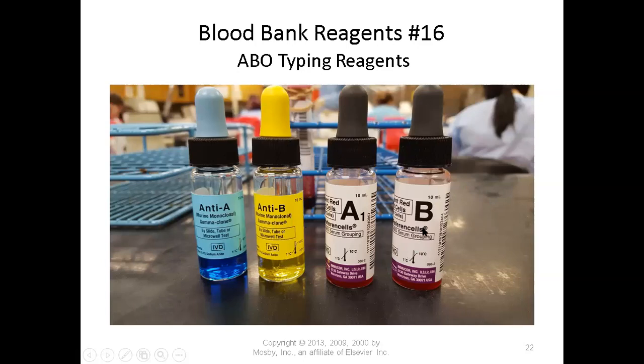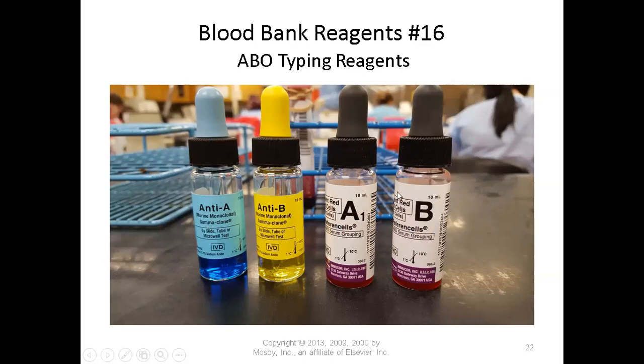Anyway, this is a picture I took of our reagents, and so, as we talked a few minutes ago, anti-A, you note the color, commit that to memory. So A is always blue, B is always yellow, and here we see our A1 cells and our B cells. So it's very important to read your labels, okay, because all of these cells can look very similar.